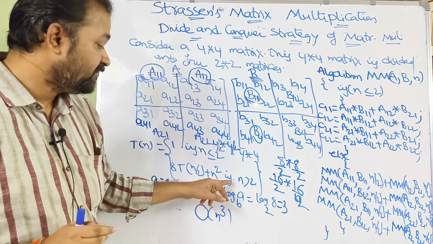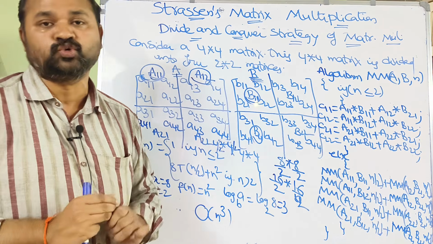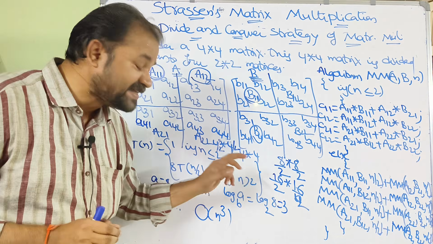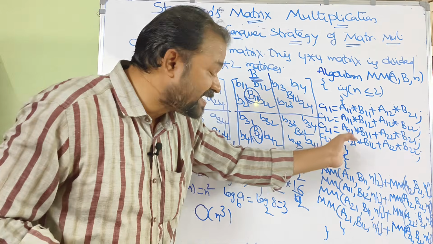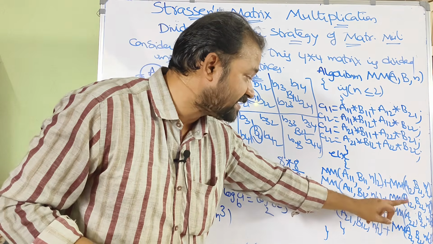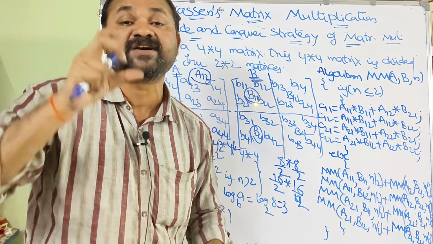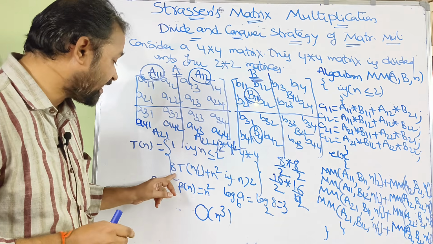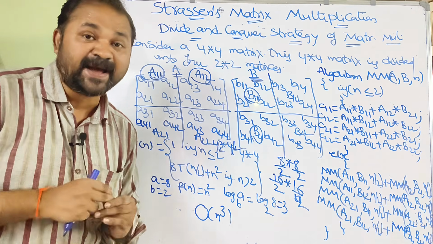Whereas if n is greater than 2, then how many recursive function calls are needed? 1, 2, 3, 4, 5, 6, 7, 8. 8 recursive function calls are needed. So that's why we are writing 8 T of n by 2. Why?